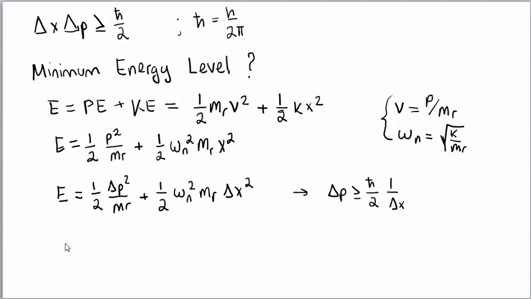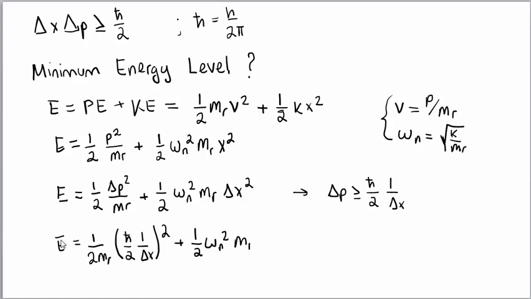We substitute that into the equation, and our final equation for E now becomes 1 over 2 mr times h bar over 2 times 1 over delta x squared plus 1/2 omega n squared mr delta x squared. All right, so this is our energy equation in terms of delta x, in terms of position.